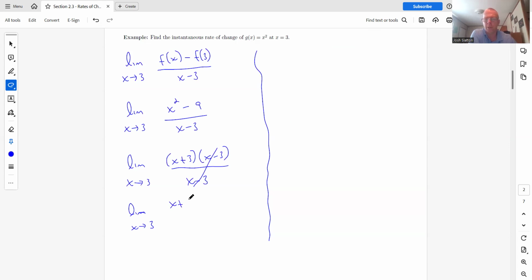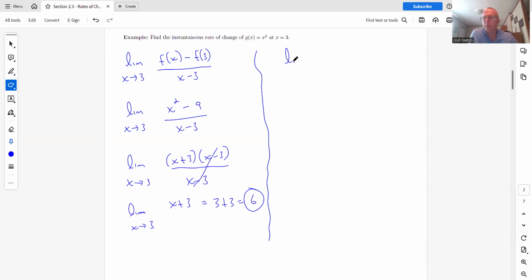And this, of course, is a continuous function. And so we can just plug in the 3 for the x, and we get 6. And so the instantaneous rate of change of x squared at x equals 3 is 6. And so that's using the first formula that we used, where x is approaching some number.